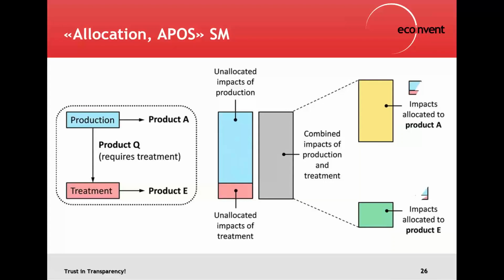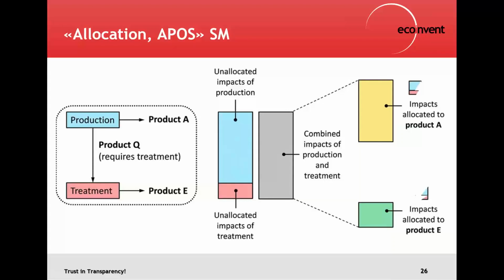So if you can see here in the example, this is a production activity, which is the blue one producing the product A, and the treatment activity, which is the red one. The impacts of both will be considered together and shared between the product A, which is the manufactured product in the production activity, and product E, which is another commercially valuable product issued of the treatment of the waste.